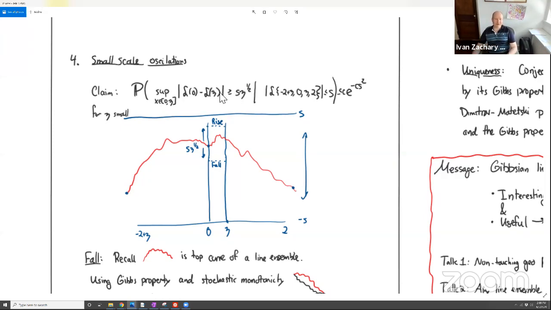And what I claim here is the same holds true, provided that I also assume that the Airy line ensemble at 0 and at 2 and at eta and at minus 2 plus eta, so at 4 deterministic times, is not larger than s in magnitude.